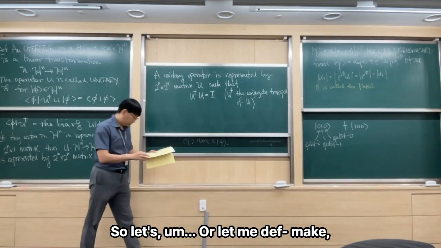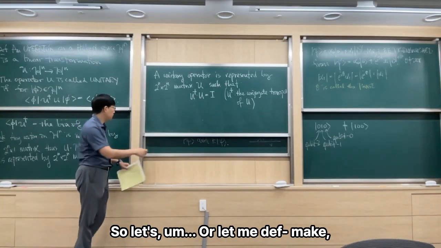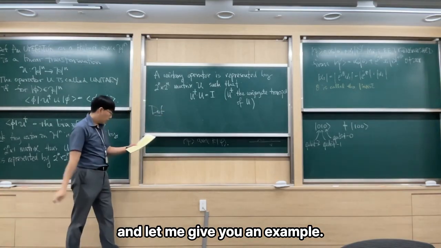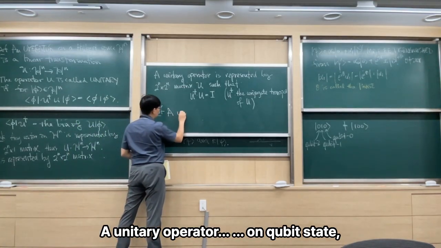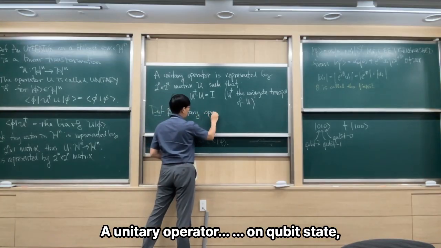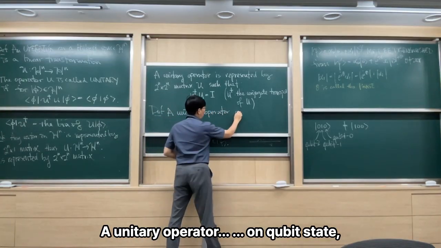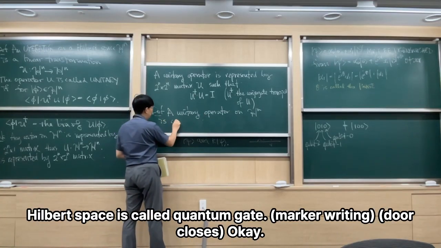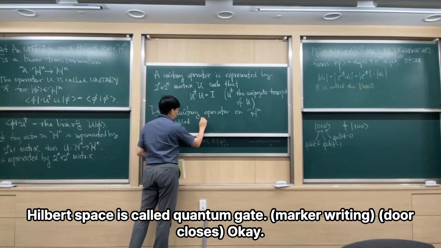All right, so let me make a final definition and let me give you an example. A unitary operator on an n-qubit state Hilbert space is called a quantum gate.